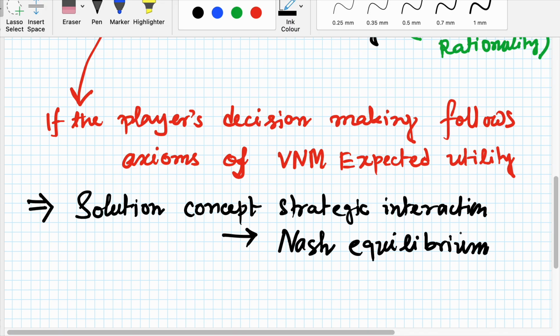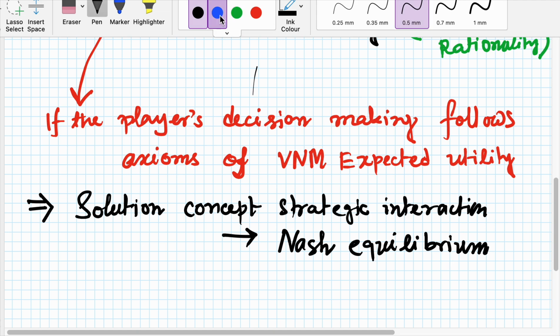So from the preference relation we have written the utility, and one individual always wants to maximize his or her utility, which means that the individual wants the most preferred option. So that's all.